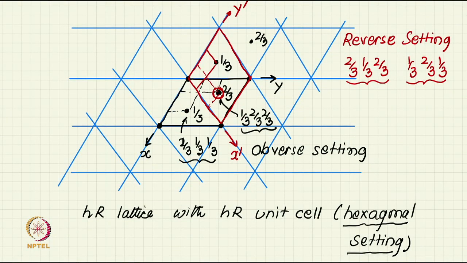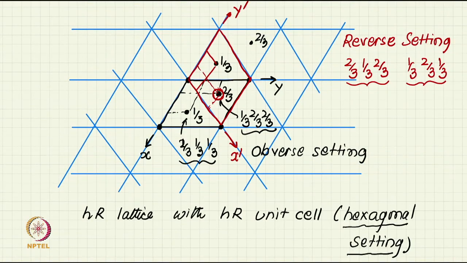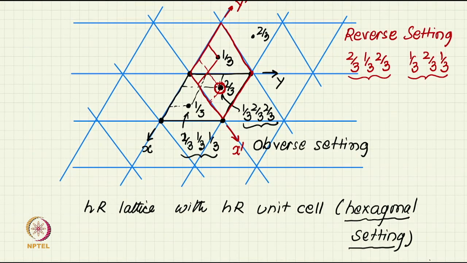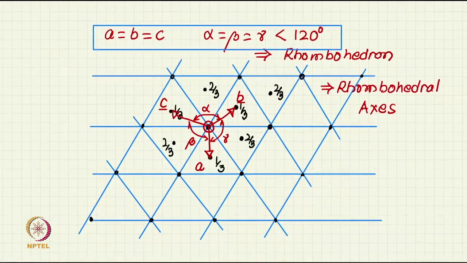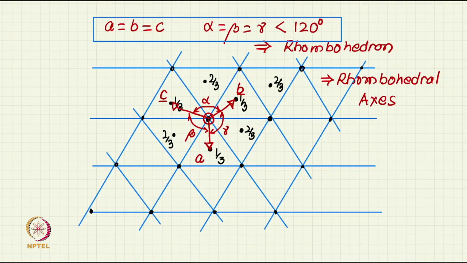In hexagonal R lattice, you have centered cell with the 2 lattice points inside and 1 lattice point at the corners, and in the hexagonal R lattice there is another choice of unit cell which is the rhombohedral axis or rhombohedral choice.